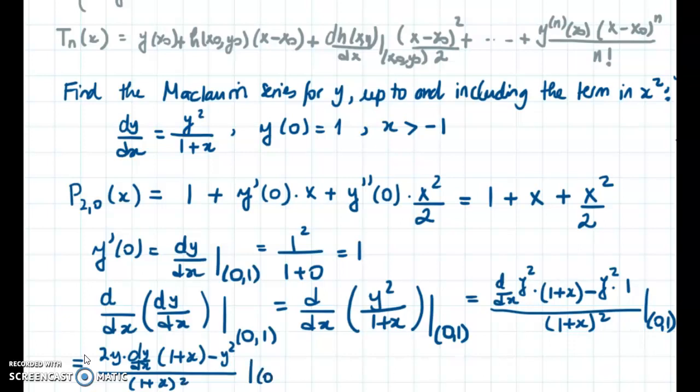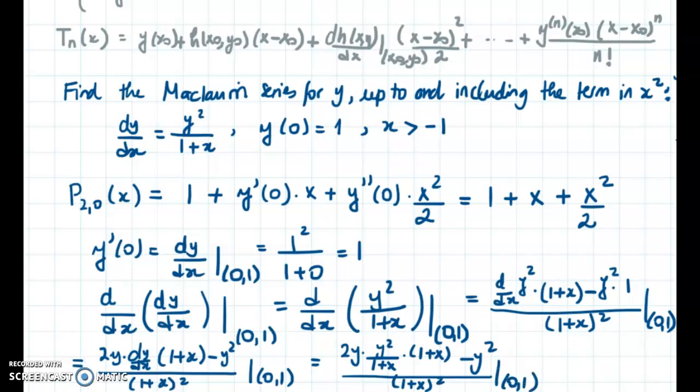And we need to evaluate this at (0, 1). So this is 2 times y times the derivative of y with respect to x, that's y squared divided by 1 plus x. And then we are multiplying by 1 plus x, and then minus y squared. All of this divided by (1 plus x) squared, and we need to evaluate this at (0, 1).